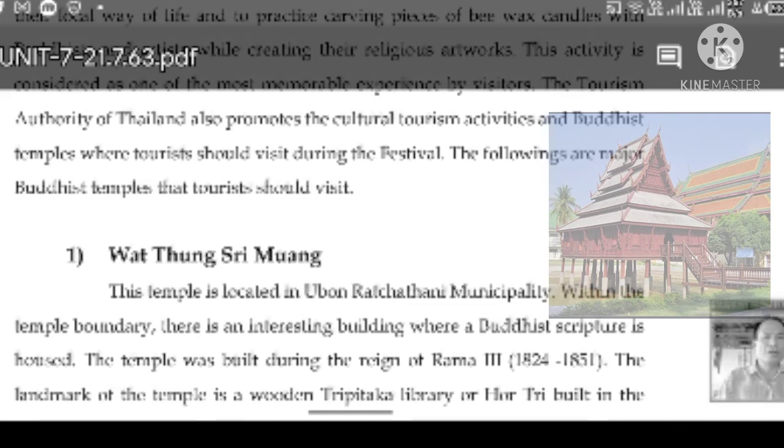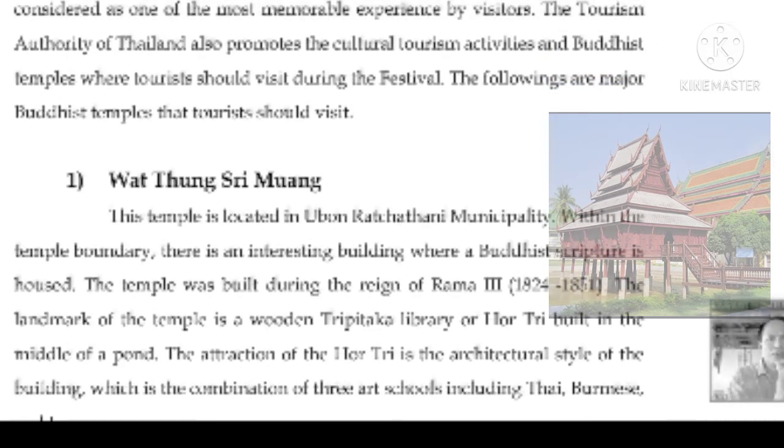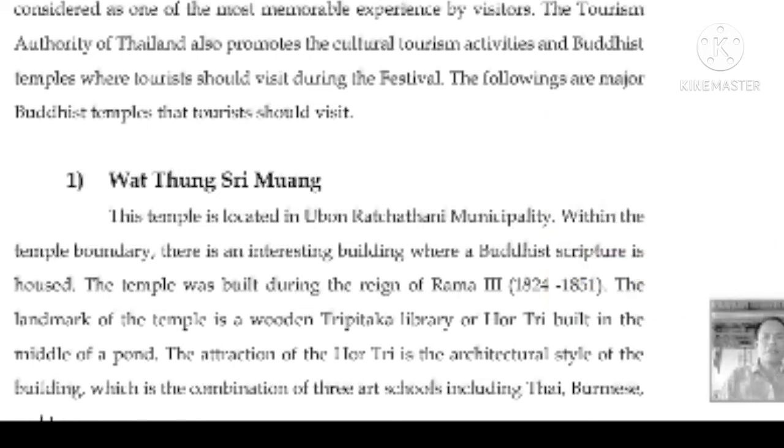When you go to this temple, you will see a lot of beautiful architectural details, and the temple was built during the reign of King Rama number 3. When we talk about architecture that was built in the past, we always use past simple, but in passive voice.